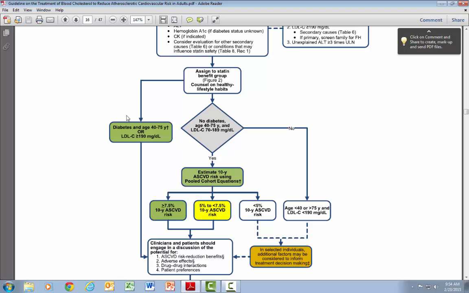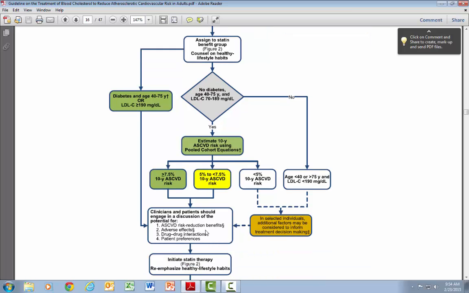If the patient is diabetic and is between age of 40 to 75 years of age and the LDL is greater than 190, then what you should do, you come here, you have to start the patient on moderate intensity statin. Look for any drug and drug interaction. Look for any considerations of contraindications of statins. Re-emphasize lifestyle modification. This patient, remember, you should start on moderate intensity statins.